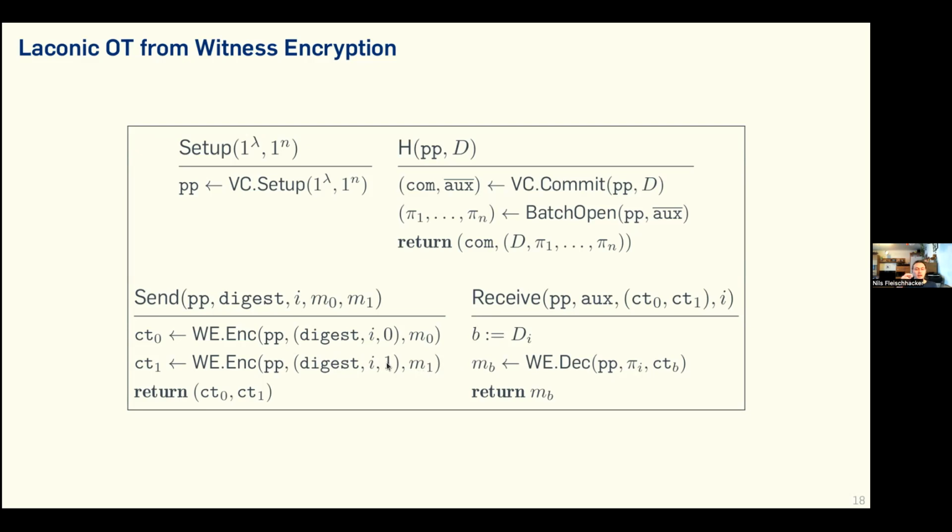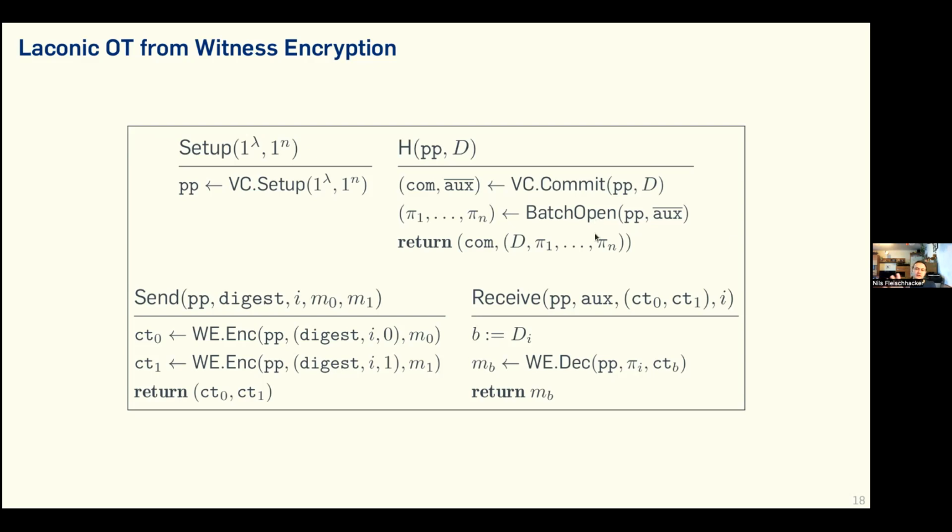These two statements essentially contradict each other in the sense that if somebody would be able to decrypt both of these messages, then we could extract from them openings that correspond to both of these, which would mean we can open the same position to two different values, which would break binding of the KZG commitment scheme.